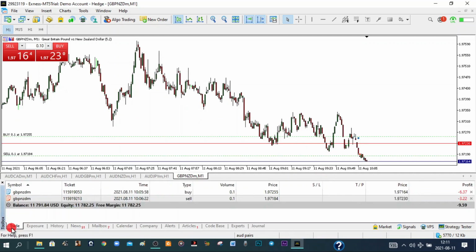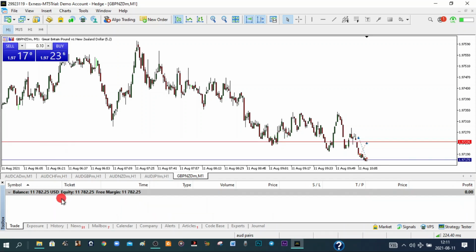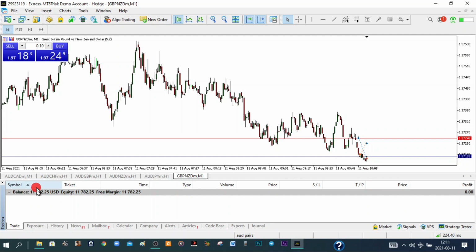If I come here where it says trade, you see that my account balance is sitting at 11,791.84. Let me just close this so that I can explain. Now, you can see that we have got 11,782.25 USD.